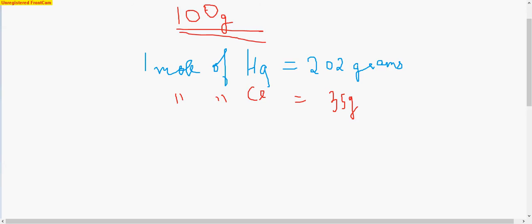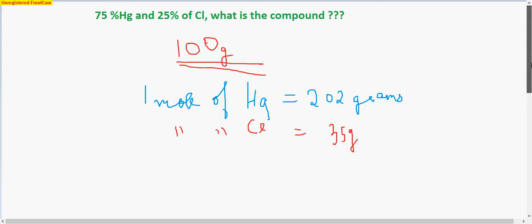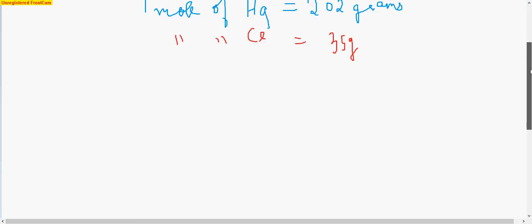Okay, now how do we find the number of moles in 75 grams of Hg? As you know, we said 75% of Hg and 25% of chlorine, so this will naturally be 75 grams and 25 grams.